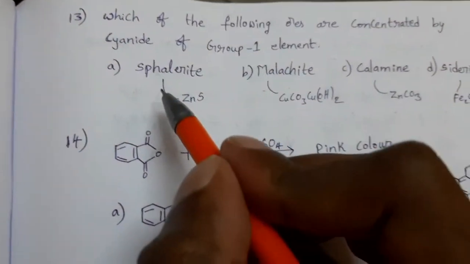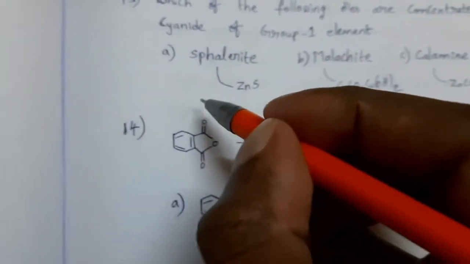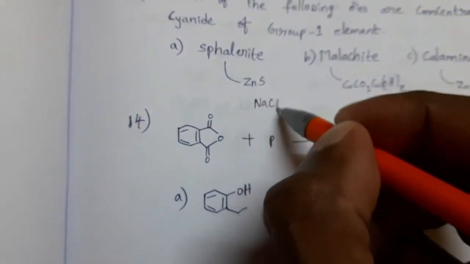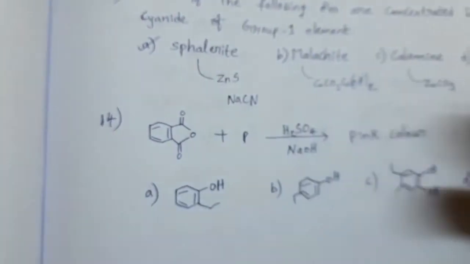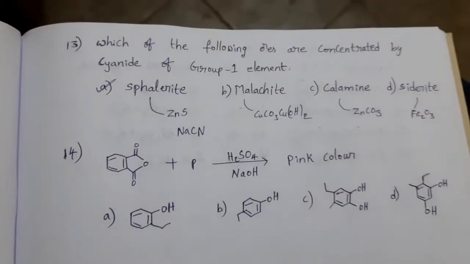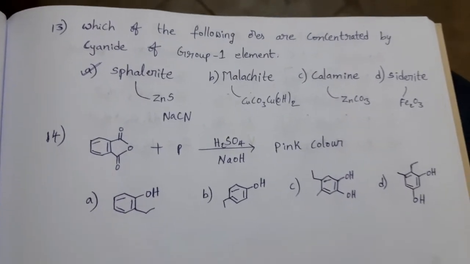So sphalerite is concentrated by using cyanide of group 1 element, that is NaCN. That's why option A is the answer for this question. Sphalerite is concentrated by using sodium cyanide.